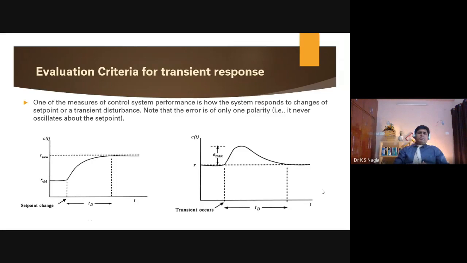If your system is not well designed, what will happen? It will suddenly fluctuate, there may be maximum errors, and the settling time will suddenly increase. This type of evaluation can be done mathematically, or by using a simulation method in MATLAB or some other software tools.